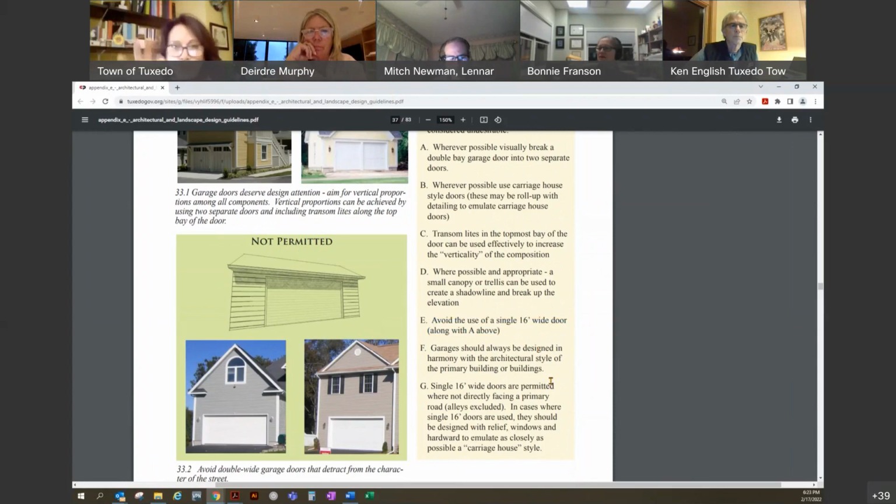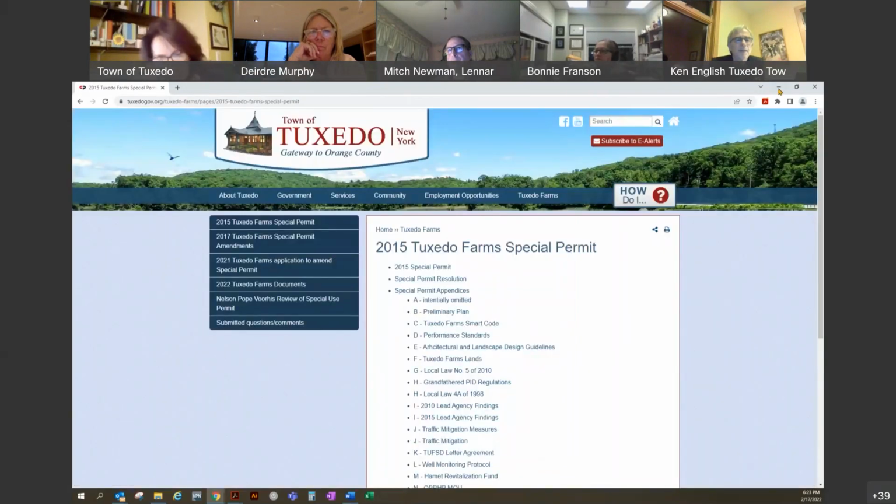So it would be 2 single doors. Right. That was the intent of the design guidelines, to not have large 16-foot single doors. So is that acceptable to the applicant or not? Because it seems they want to be allowed to have that.